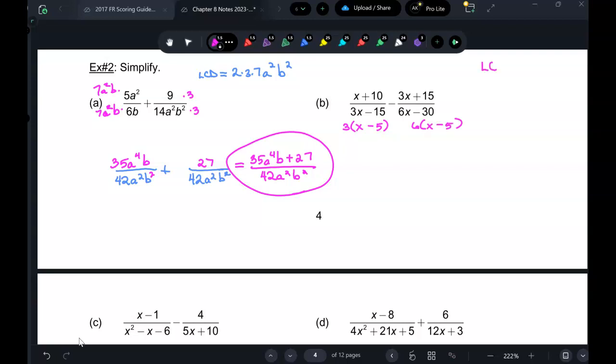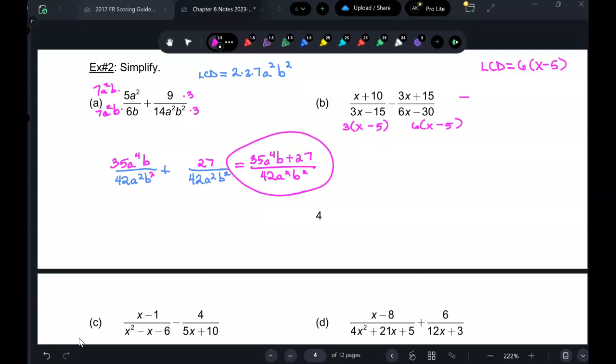Okay, what's my least common denominator? Factoring is just undistributing. So is it just 3? Well, what's 6 equal to? 2 times 3. So I need a 2. So 2 times 3 is 6.